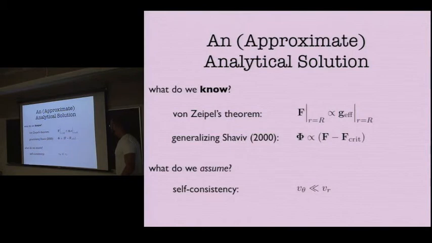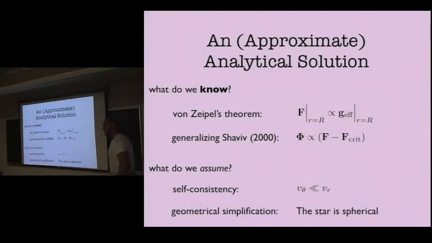At first glance, this seems cooked up, but this turns out to be self-consistent and is essentially one of the two reasons that this model is in fact integrable. The other assumption is that the star is spherical. Now, it is obviously not spherical. We don't claim that it is spherical, but we're only interested in the gross features of the system.